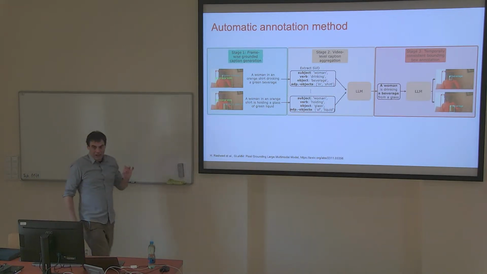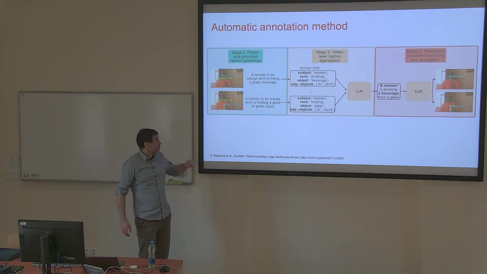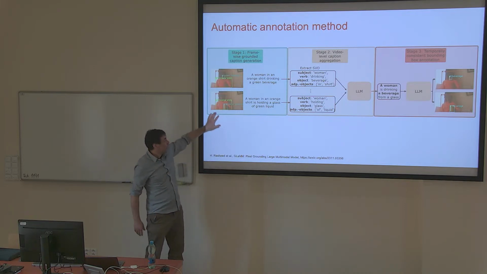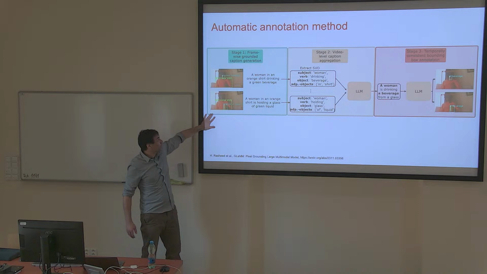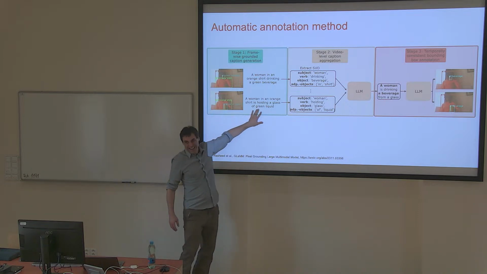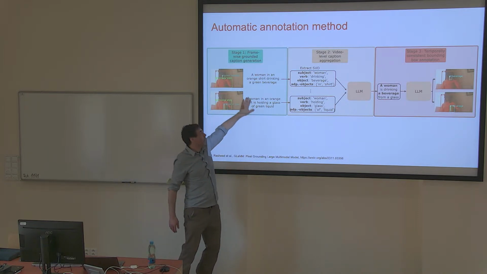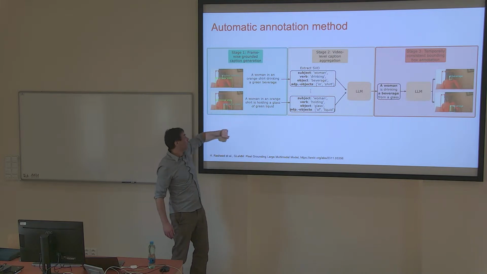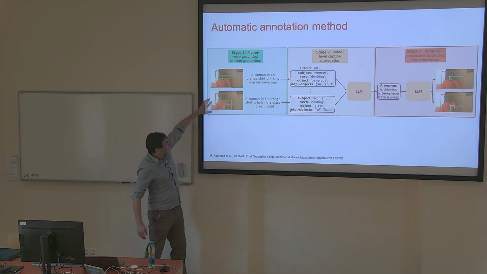I will show briefly how we do the automatic annotation. We can apply a still image version of this algorithm to individual frames of the video. We get sentences, but they are inconsistent between different frames. You have one sentence for one frame, another related but different sentence for another frame. The boxes are in this case the same, but they don't have to be.